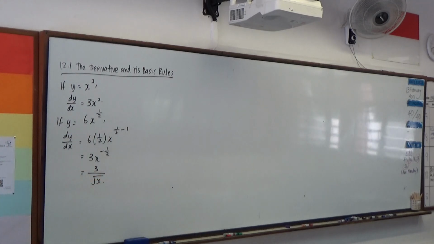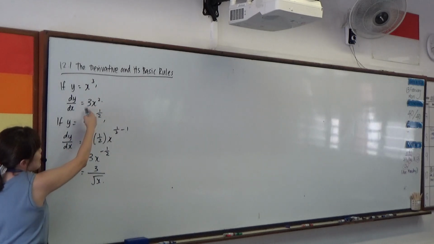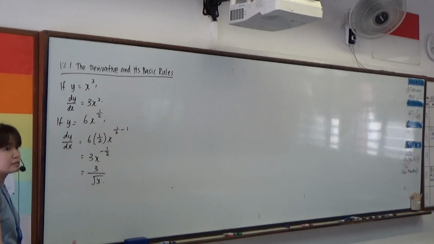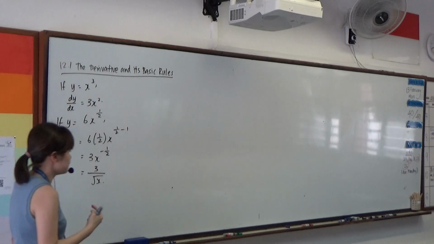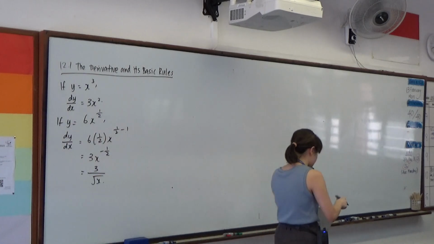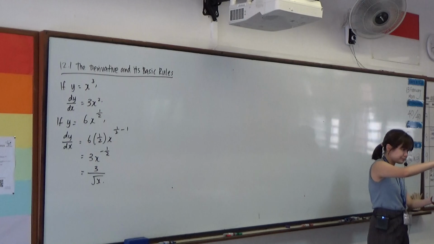Okay, and then your derivative looks like this. So essentially, bring down the power, minus 1. That will actually get you your derivative. Okay, so that's a quick recap of what we have covered.